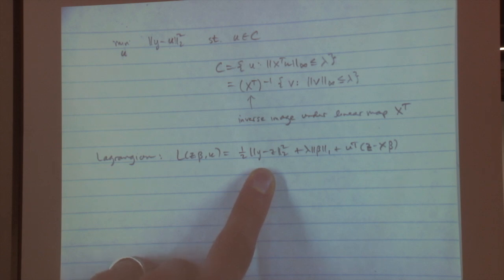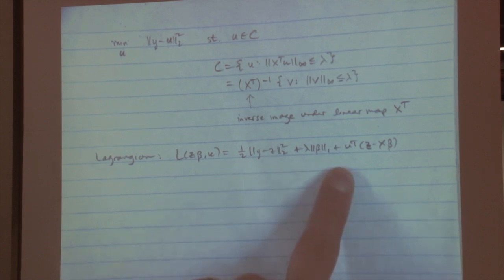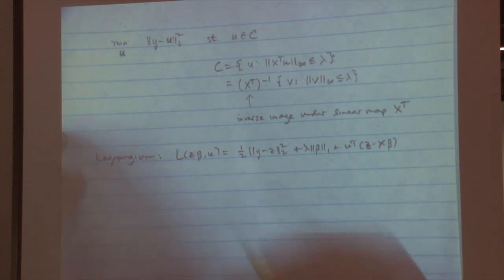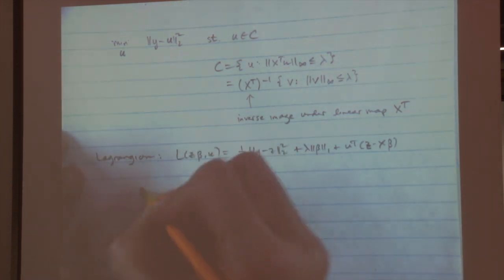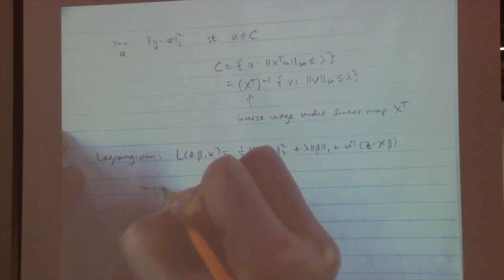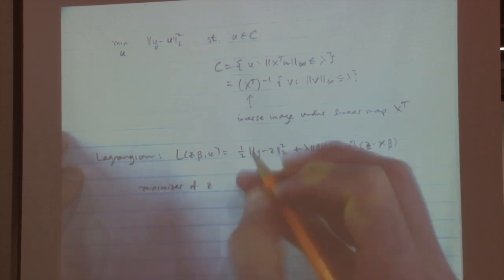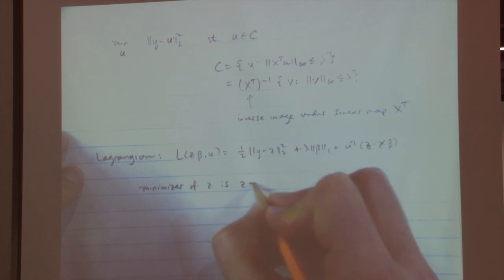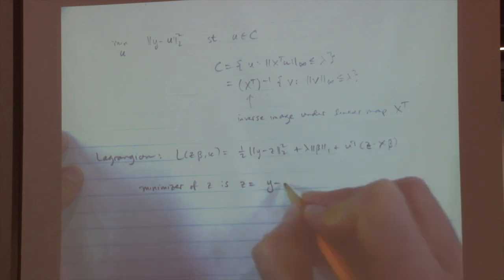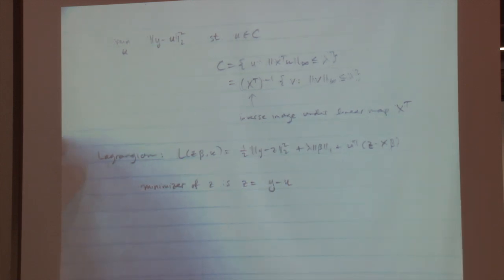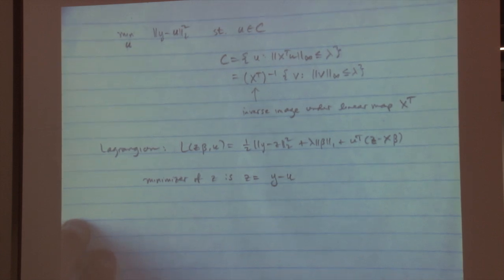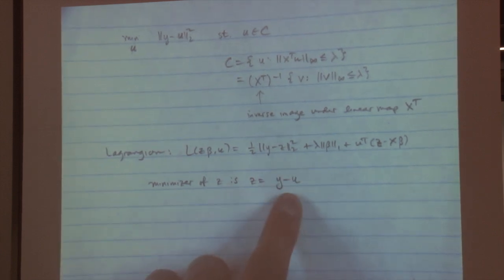If we were to plug in the optimal dual solution here, then both beta and z are characterized by minimizing this. Let's look at the minimizer over z first. We actually already computed that. The minimizer over z is z equals y minus u. If we were to minimize that over z, you'd see that it's just given by y minus u.